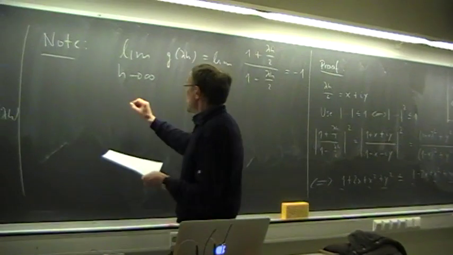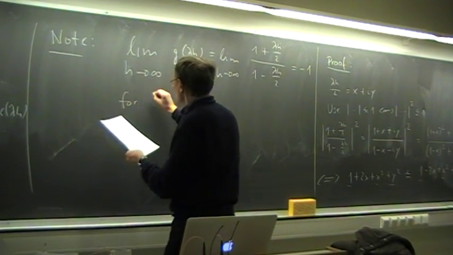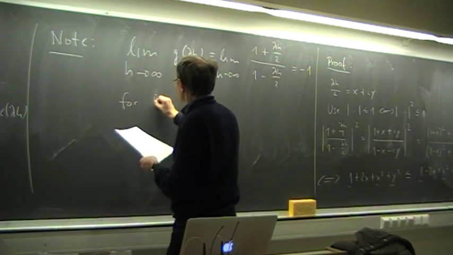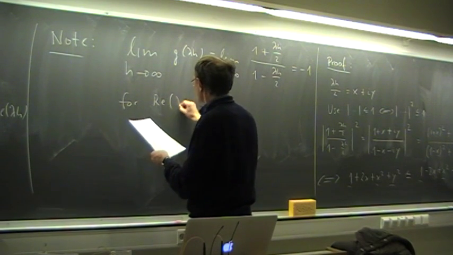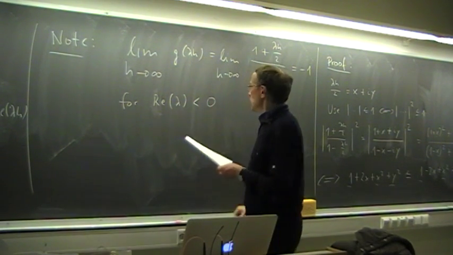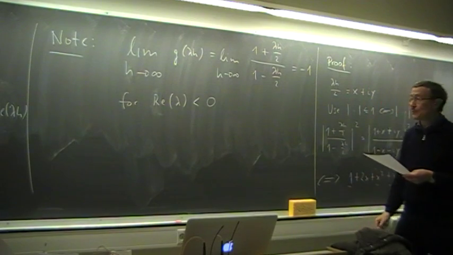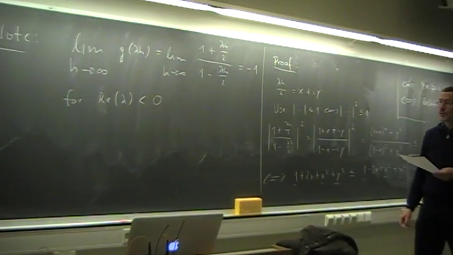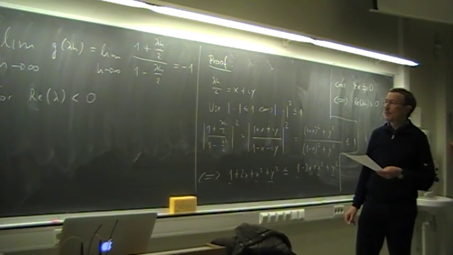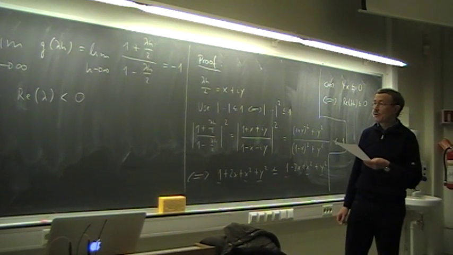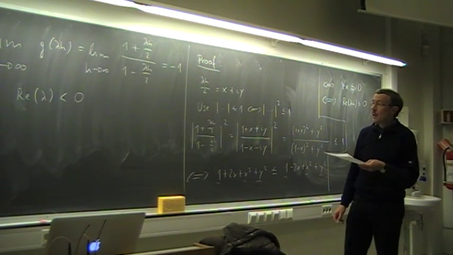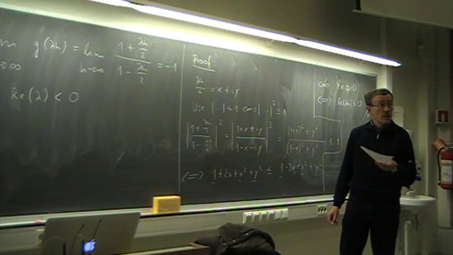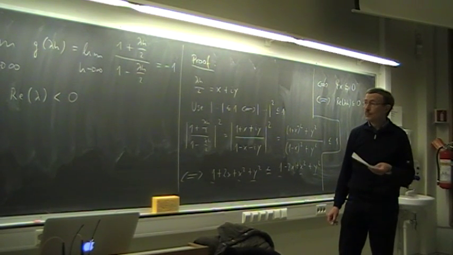And in our case, it is relevant for the real part, if we are looking at stable ODEs, that it is smaller than 0. It would also be okay for lambda greater than 0, but this is the interesting one for us. And that is the situation that we usually have.